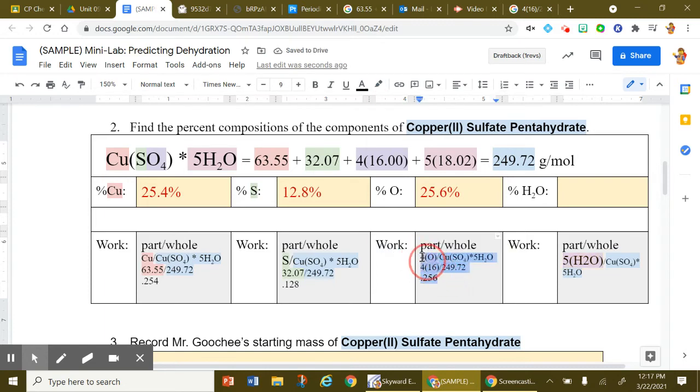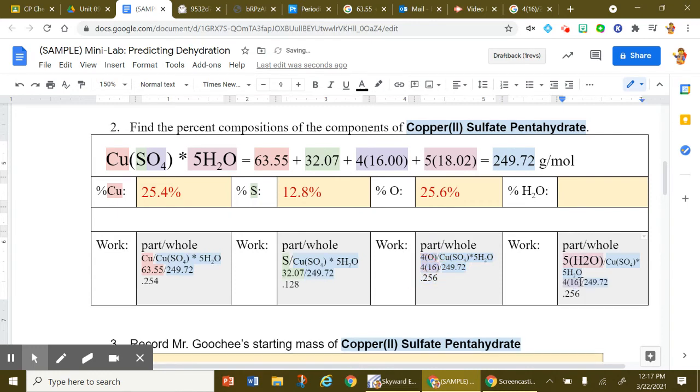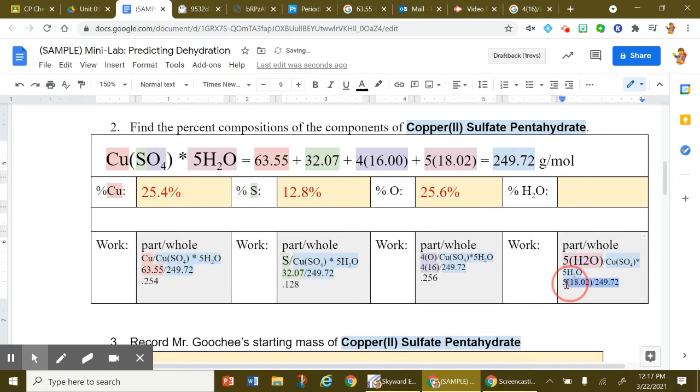Let's see here. I'm going to copy this in there, save myself some time. So 5 H2Os, so that's 5 times the molar mass of H2O, 18.02, divided by 249.72.